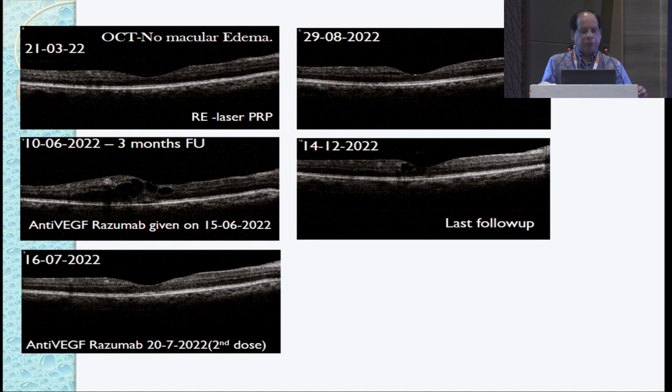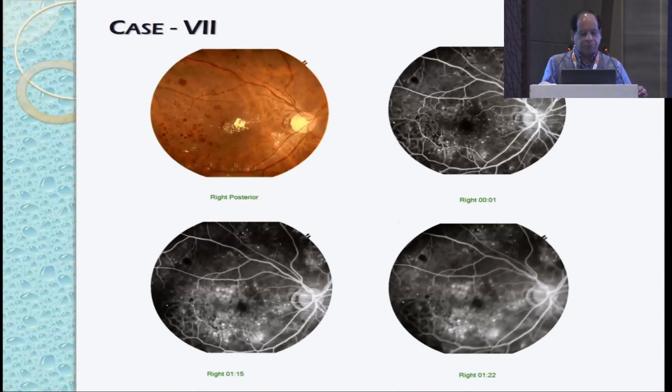But when she came for follow-up after 3 months, there was CSME and central thickness increased, so we have given anti-VEGF, ranibizumab, 2 injections were given, and the situation improved, and she is maintaining good vision and good OCT.